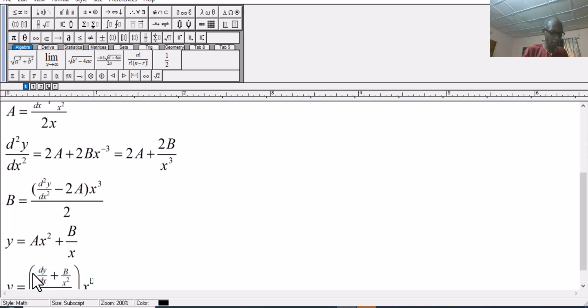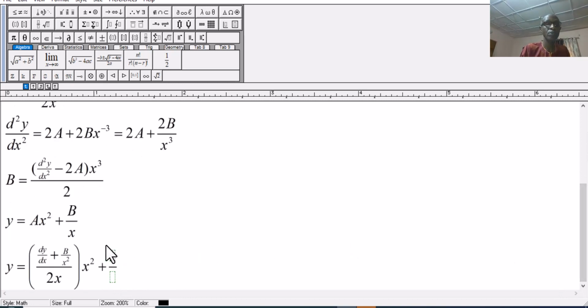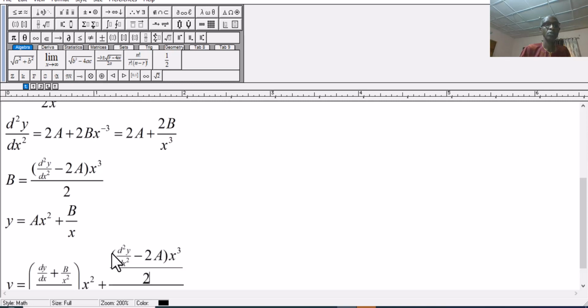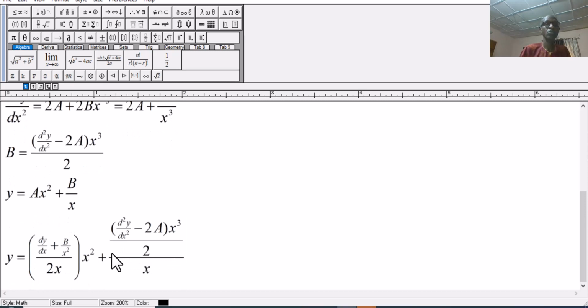So we now have x squared here plus our b. We know our b, so I'm going to copy it also. All over x. So everything here is our b.